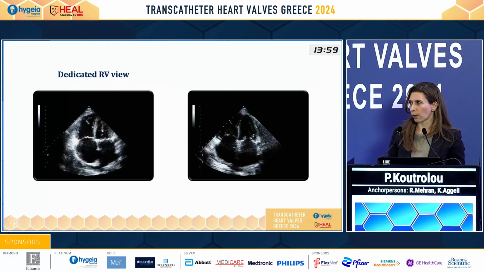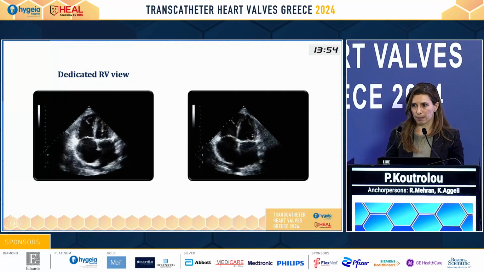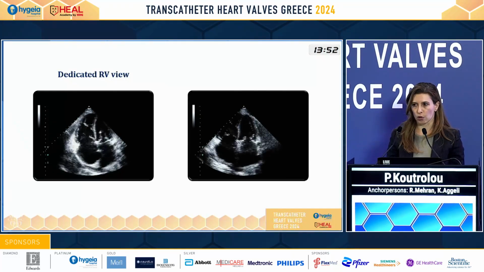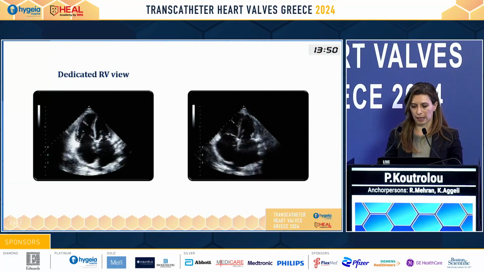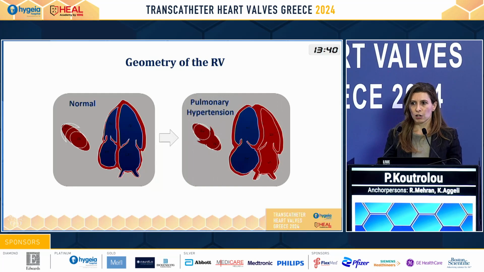We don't want to go with the image at your right side, where we miss the apex as well as most of the medial part of the ventricle, but we want to see a dedicated RV view. Here you see that we actually miss the RV outflow tract, but at least we have the rest of the ventricle.